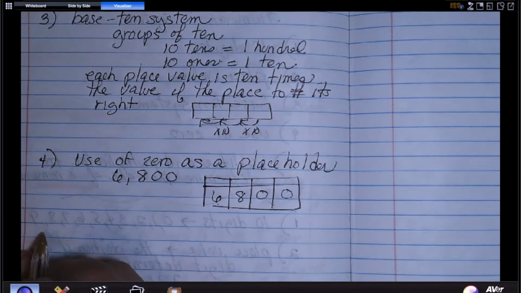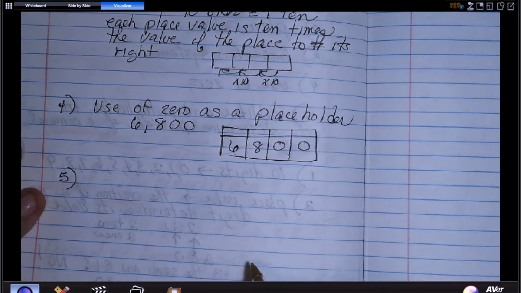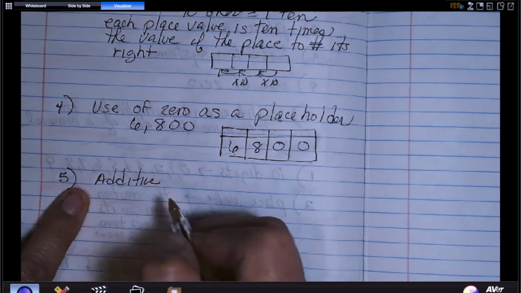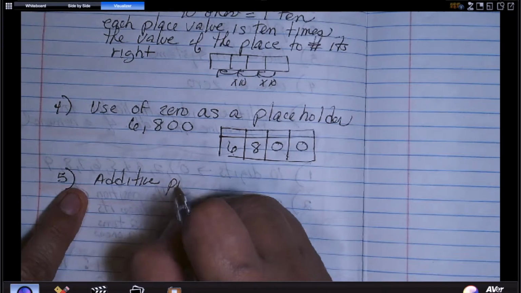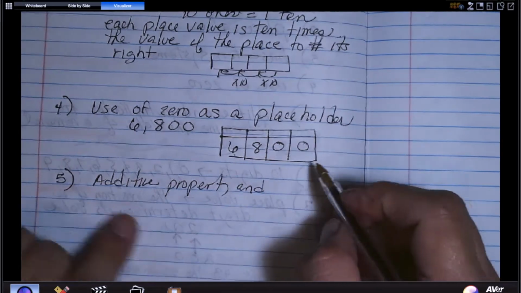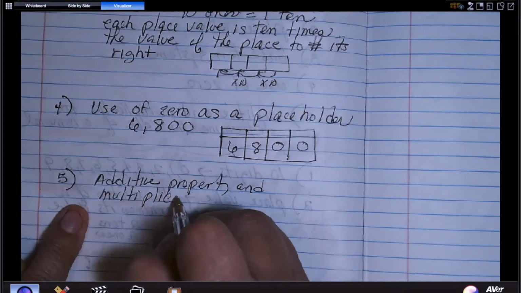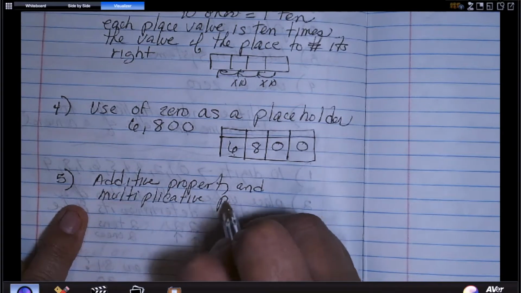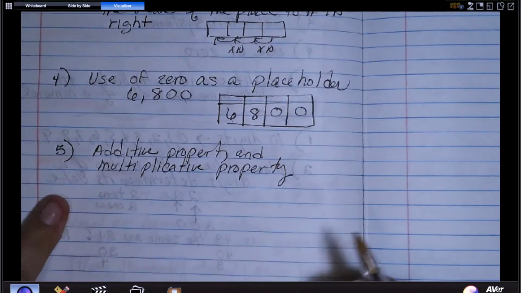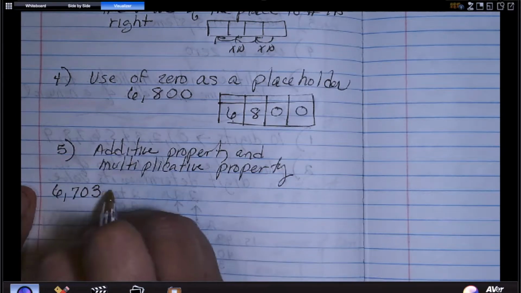Okay. Number 5. Our number system has the additive property and the multiplicative property, and I'll explain those. For example, let's look at the number 6,703.